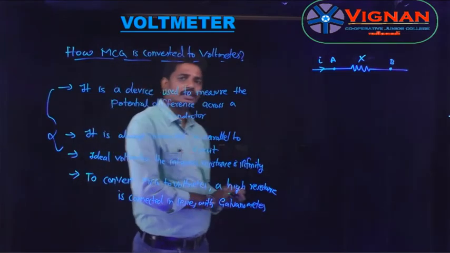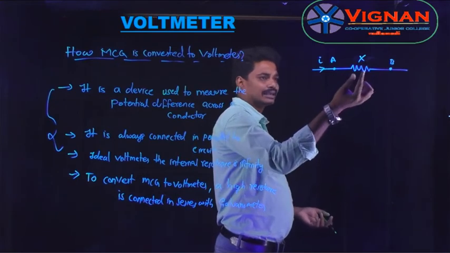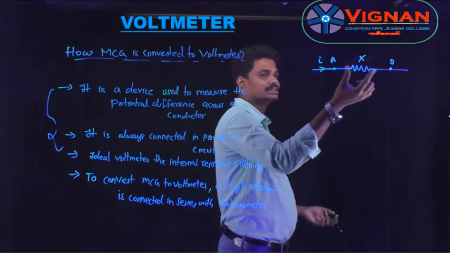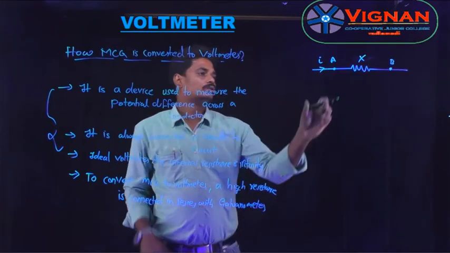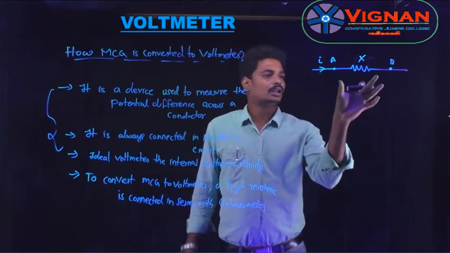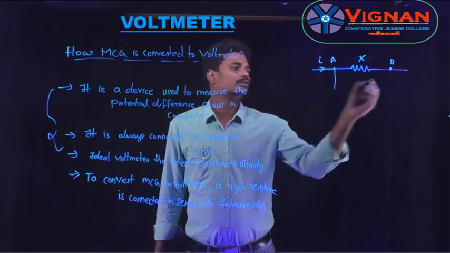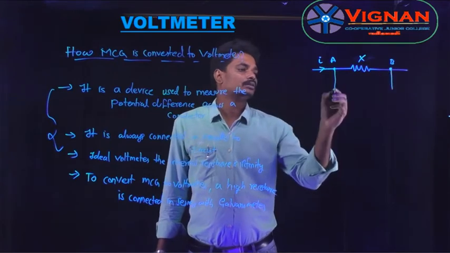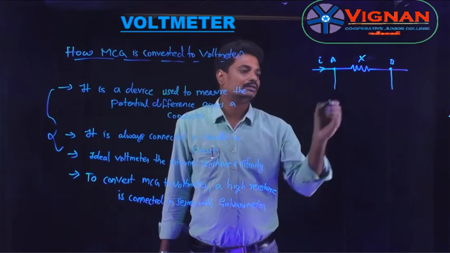Now we need to calculate the potential difference across this conductor, or this resistance X, between the points A and B. To calculate the potential difference, we need to install a voltmeter. The voltmeter should be connected in parallel with the conductor in which the potential difference is to be calculated.